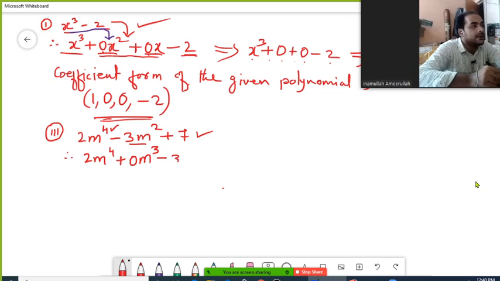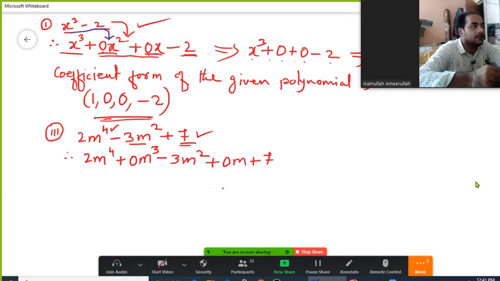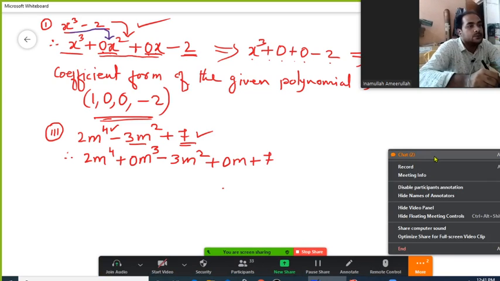So I'll take minus 3m square. And after square we need power 1. But this polynomial doesn't have power 1, so we will take 0m. And after 1 we need power 0. So this 7 has power 0. So here we will take plus 7. Like this.